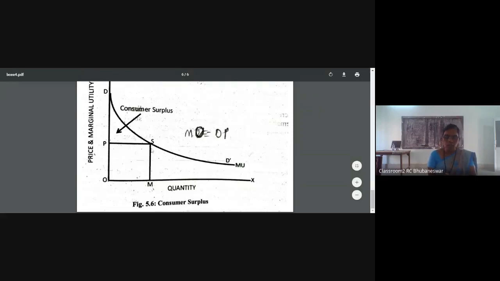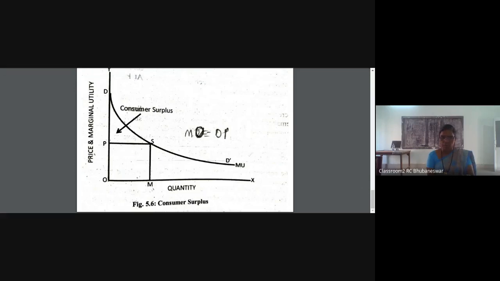Means the consumer is willing to pay ODSM amount of rupees for the Mth units, but at the price level OP, he actually paid OPSM. ODSM is more than the OPSM. So in this diagram, we saw that DPS is the consumer surplus.